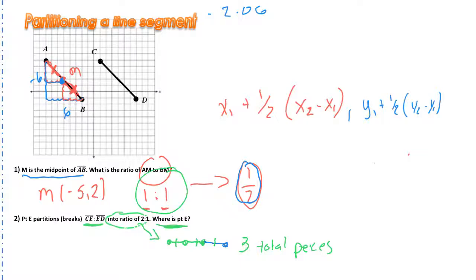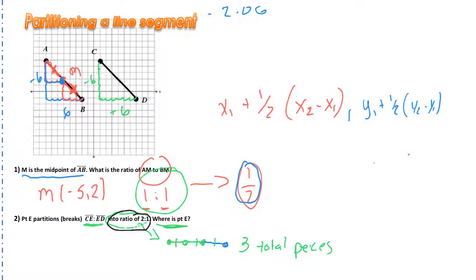We got to find point E. So again, we're going to make a slope triangle. It's down 1, 2, 3, 4, 5, 6 over 1, 2, 3, 4, 5, 6. So it's the same slope triangle, but I don't want to cut it in the middle. I want to make 2 pieces and then 1. So I need 3 pieces.